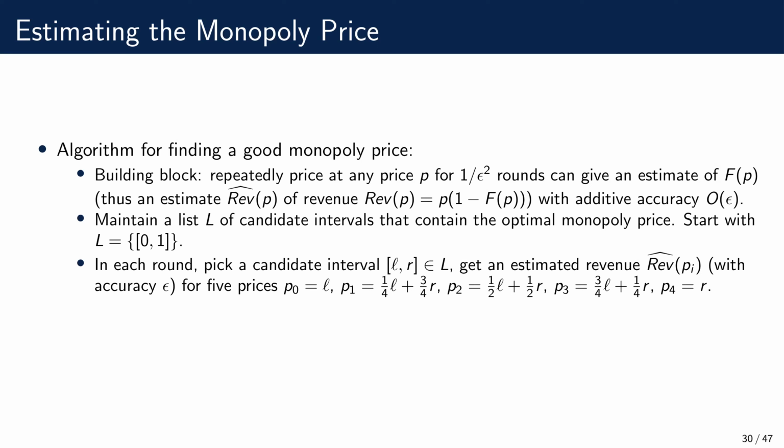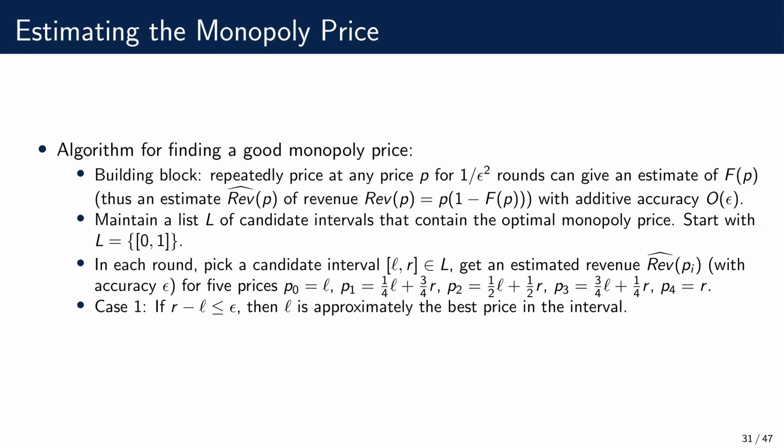The algorithm always maintains a list of candidate intervals that contain the optimal monopoly price, starting with only the interval 0,1 in the list. At each step, we pick a candidate interval from the list and estimate the revenue at 5 equally distant points between L and R. And then we can discuss what happens based on the estimated revenue.